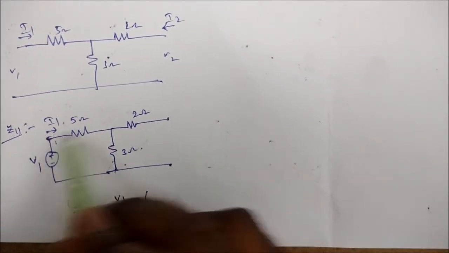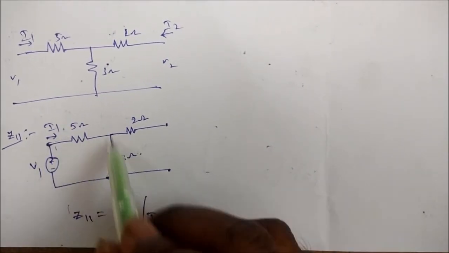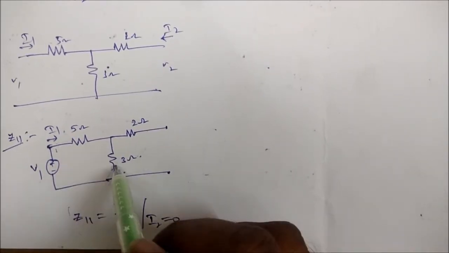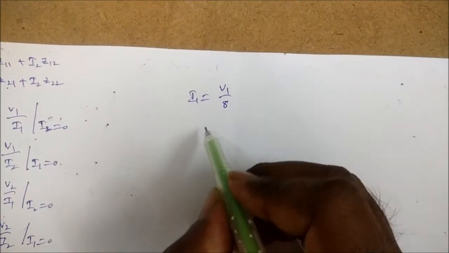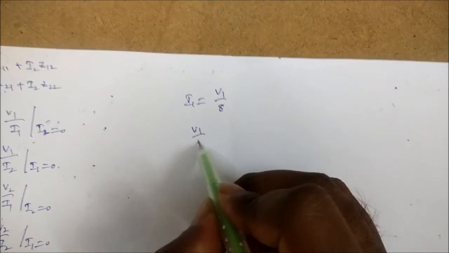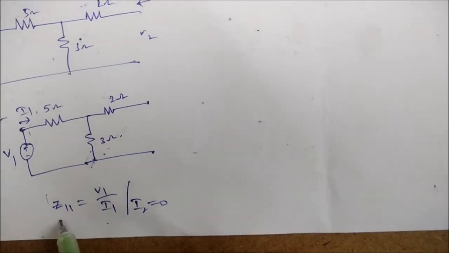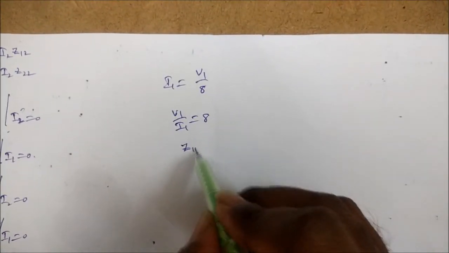These two are in series because the same current is flowing. 5 plus 3, 8. That is V1 by 8. Understand? So now V1 by I1 is equal to 8. What is V1 by I1? V1 by I1 is Z11. So Z11 is equal to 8. Understand?